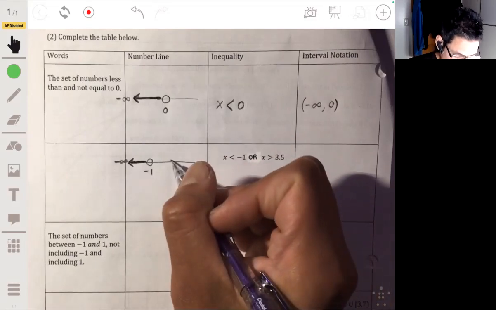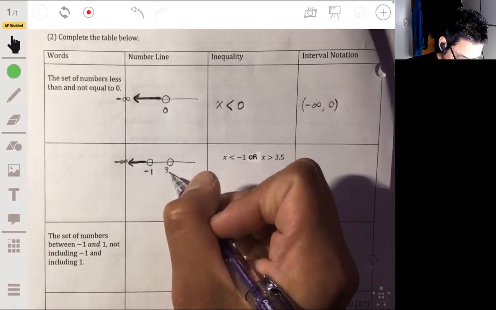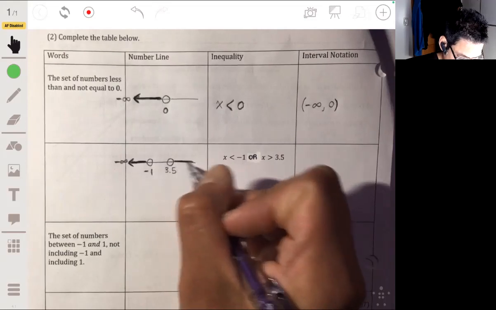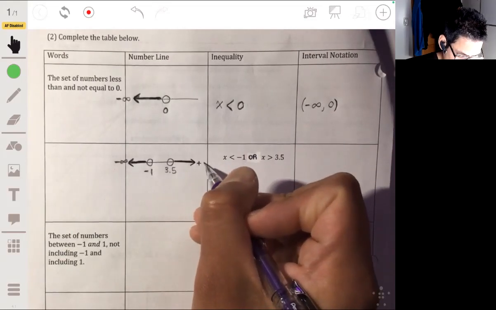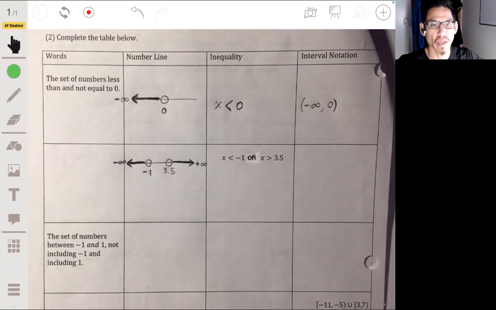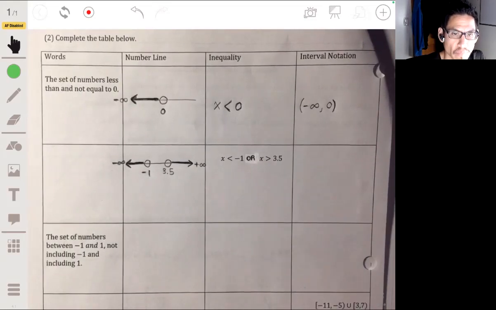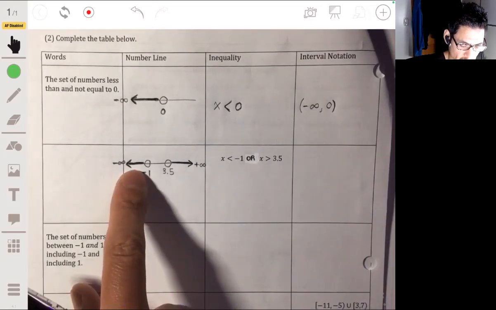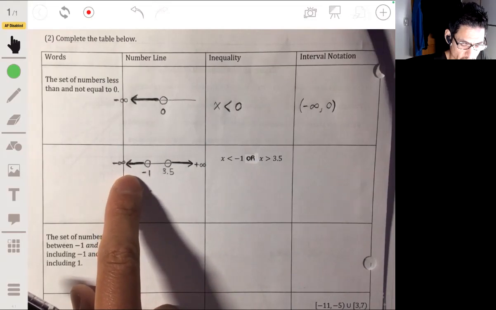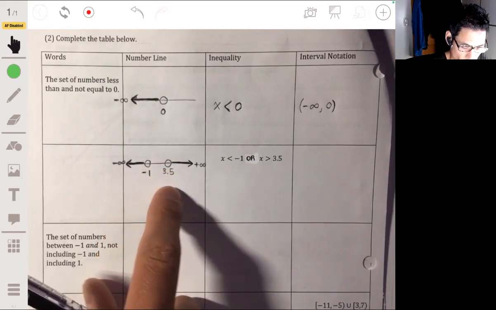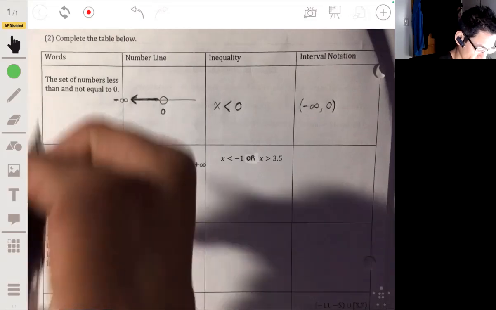Then open circle at 3.5. And then arrow to the right towards positive infinity. And then in words, we would say the set of numbers less than -1 or greater than 3.5.